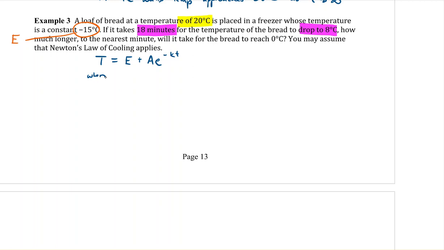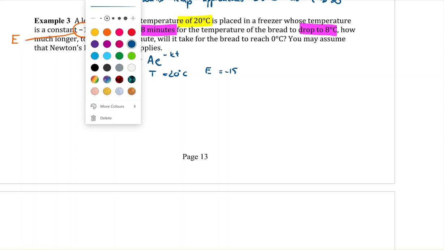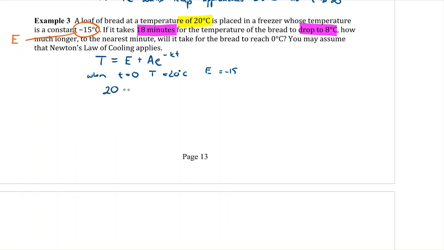The first one was the yellow stuff I highlighted: at the start, time equals 0, my temperature was 20 degrees Celsius, and my environment temperature was minus 15. That gives me in the equation 20 for temperature equals minus 15 plus A e to the minus k times 0, which is just 0 up here.